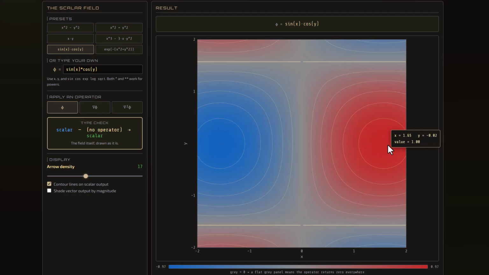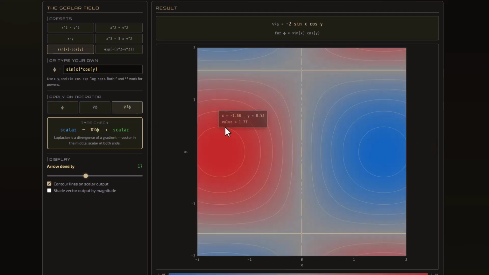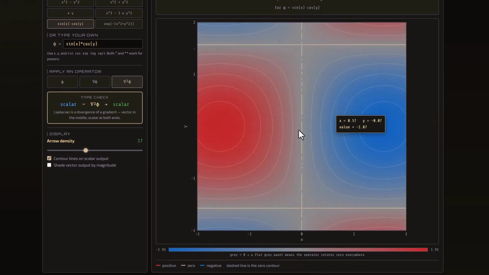And in this case, the value over here at this peak is greater than its surroundings. So in other words, the neighboring points are greater. I would expect the Laplacian to be positive over here. In this case, the neighbors are, on average, less, so I'd expect the Laplacian to be negative. And sure enough, when you click Laplacian, you get the same contours, you just flip the sign.